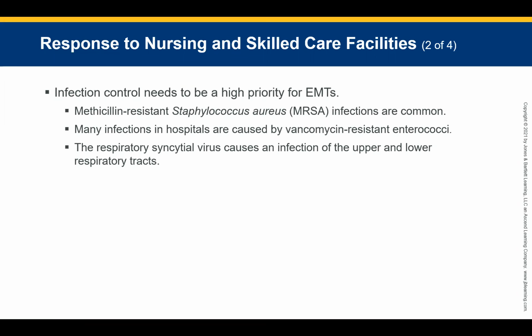Many infections in hospitals are caused by VRE. I'm not going to try to pronounce that one. Or the respiratory virus called RSV causes an infection of the upper and lower respiratory tract. The virus is highly contagious and is found in discharges from the nose and throat of an infected person. They have contact isolation information on some of these doors, and again, I like to ask, hey, do we have any contact isolation as we go inside?